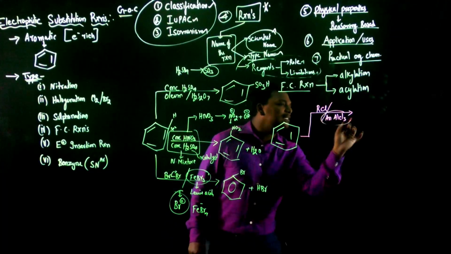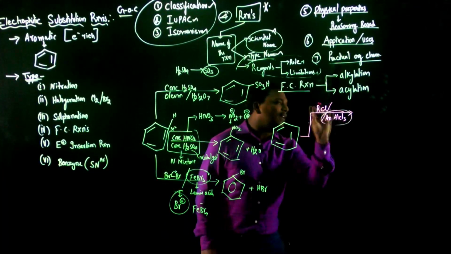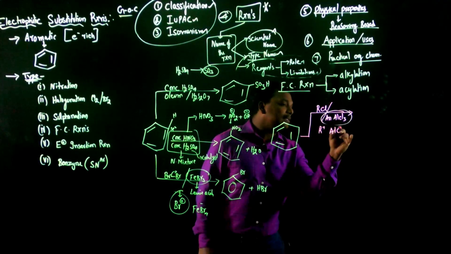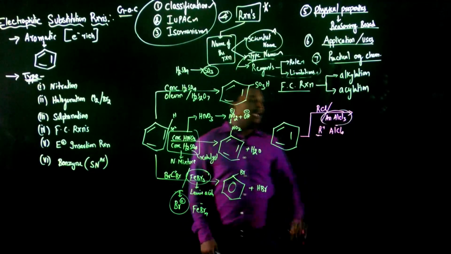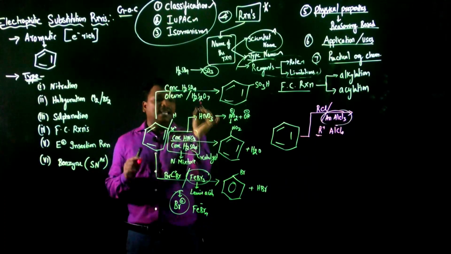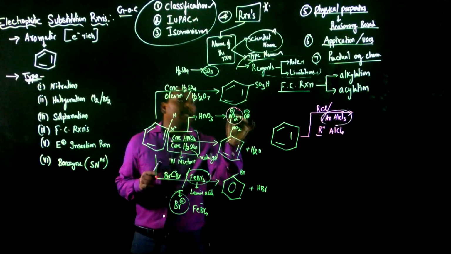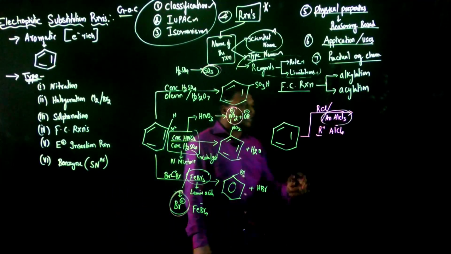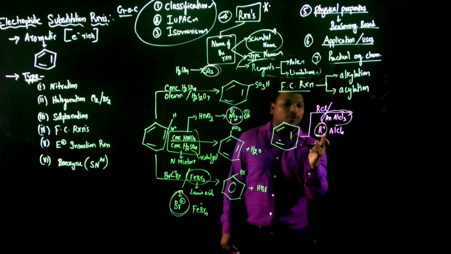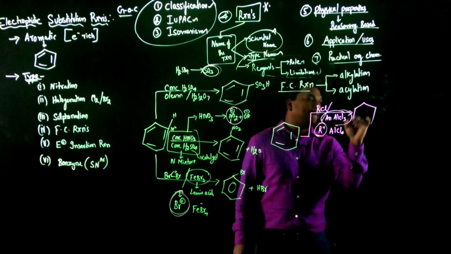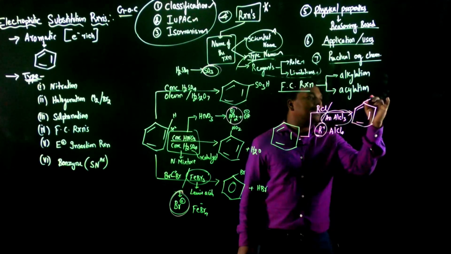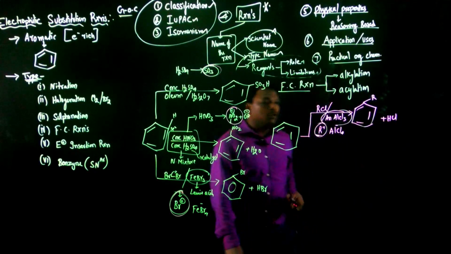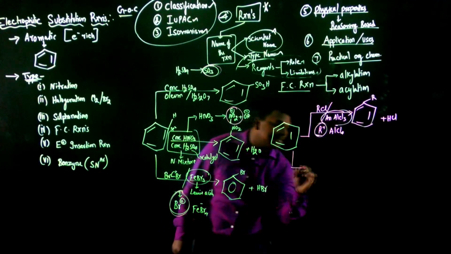As you know, AlCl3 is a Lewis acid. It will try to attract Cl minus anion, so it will split as R plus and AlCl4 minus. Now you know this is your electrophile as usual. In this case NO2 plus is your electrophile. In this case SO3 is your electrophile. In this case Br plus is your electrophile. Now in this case R plus is your electrophile. This electrophile will go and substitute to get alkyl benzene plus HCl.